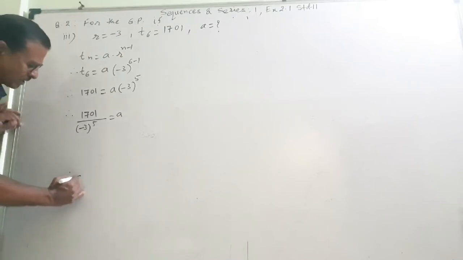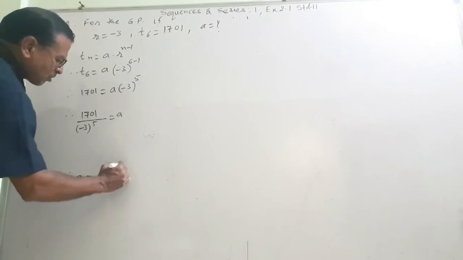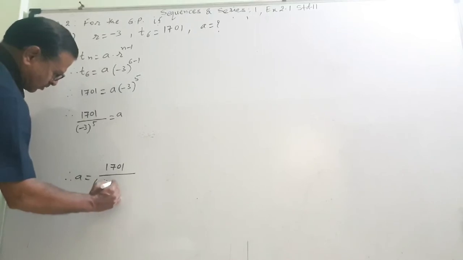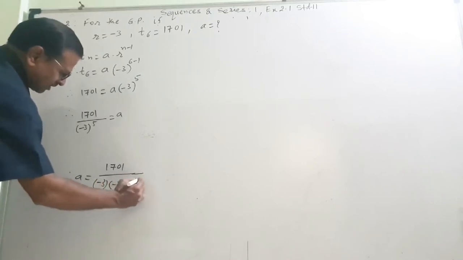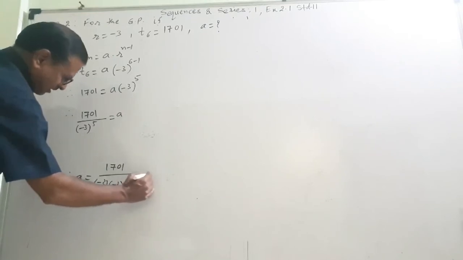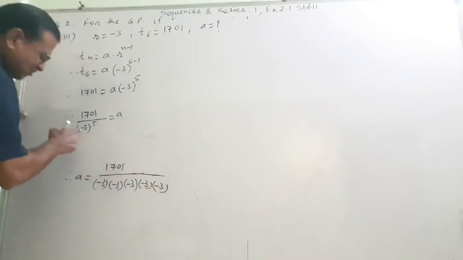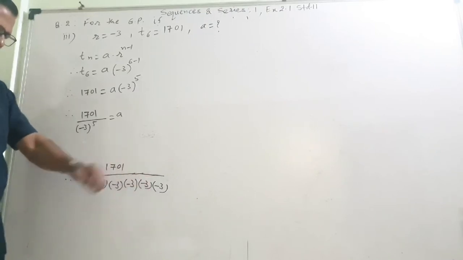Therefore, A is equal to 1701 divided by minus 3 into minus 3 into minus 3 into minus 3 into minus 3. Minus 3 raised to 5 means this minus 3 will be for 5 times: 1, 2, 3, 4 and 5.